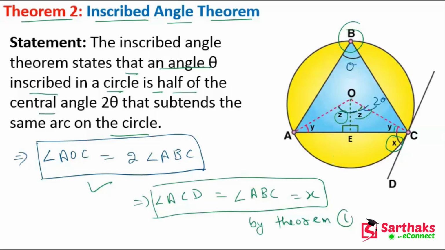My dear friends, I hope you understand this. Now we know that DC is a tangent and OC is the radius of the circle, so this will become a perpendicular angle. So angle OCD is angle x plus y, which is equal to 90 degrees. So we can write x plus y is equal to 90 degrees.